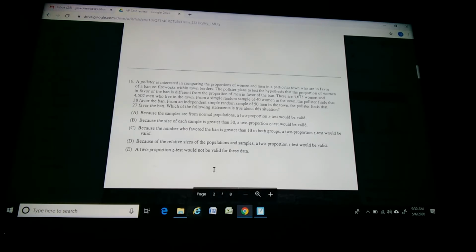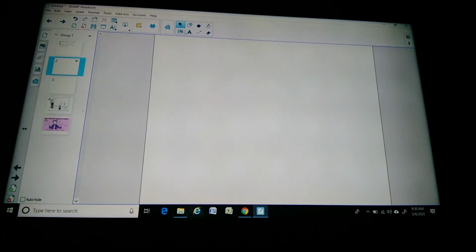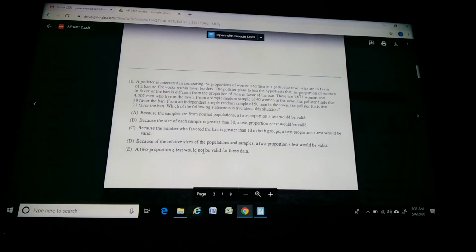For a 2 sample proportion, we have to take N times P greater than or equal to 10, and also N times 1 minus P greater than or equal to 10. In this case, that did not happen for both of those. So this is not approximately normal. We cannot run this test because we don't have a big enough sample size. That's why it is E.